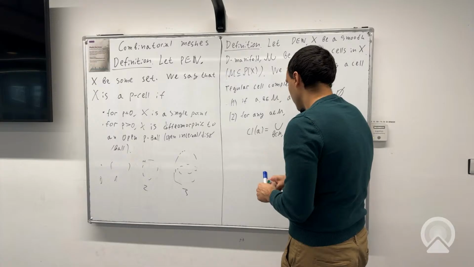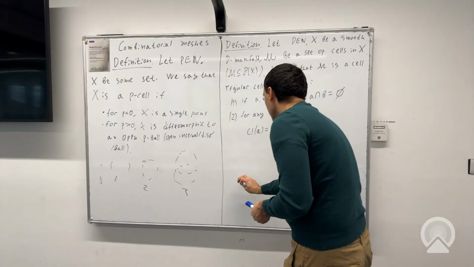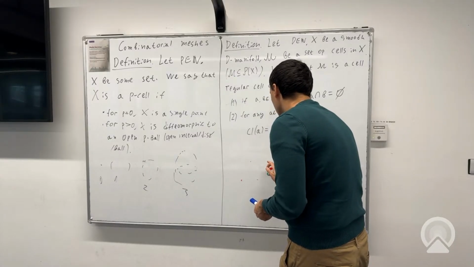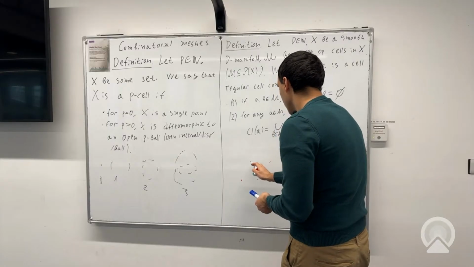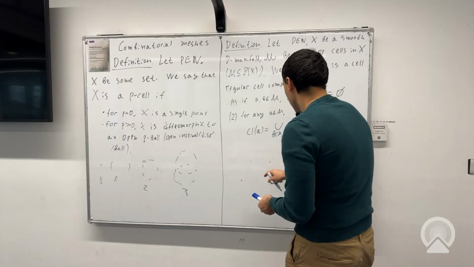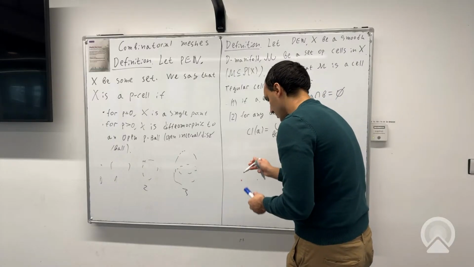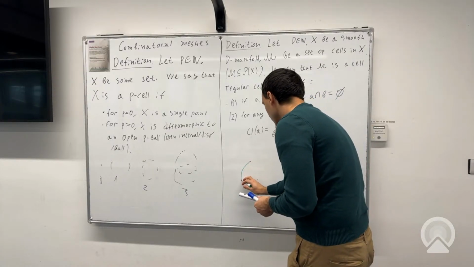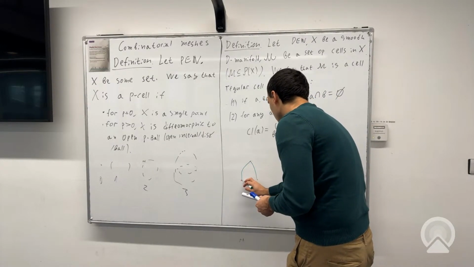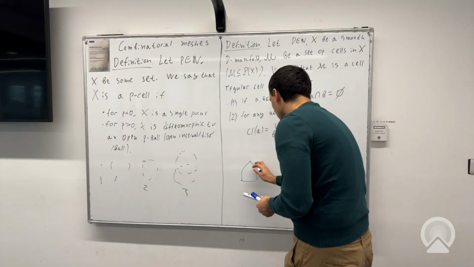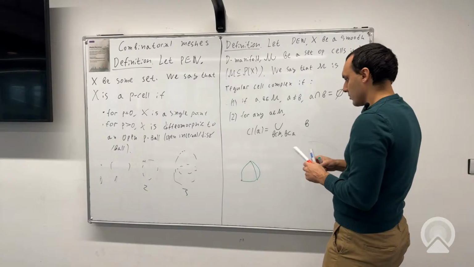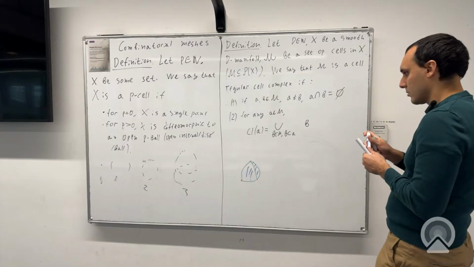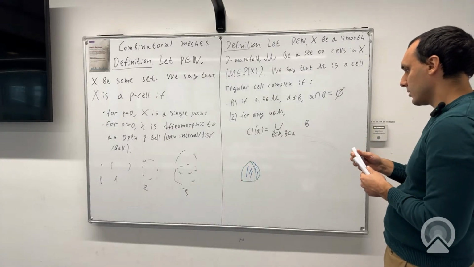So we have, for example, let me have only 3 points to be an interesting mesh. So we have these cells.